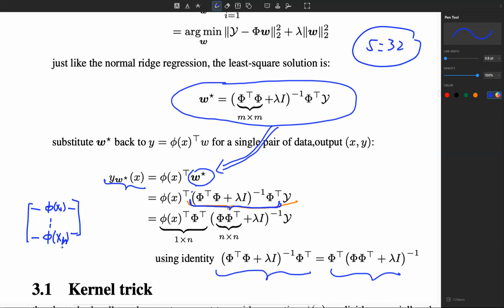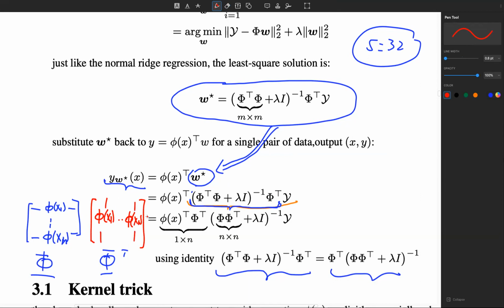And when I multiply by this phi transpose, so this is phi, and this is phi transpose, and I'm having this phi x1, all the way to phi xn. Okay, so I'm having this.